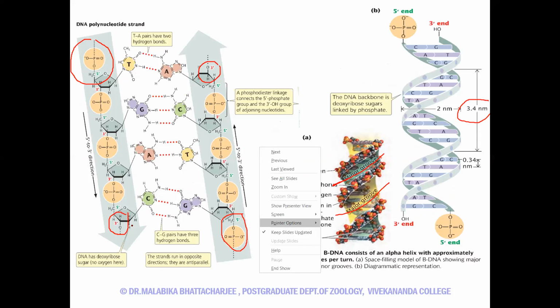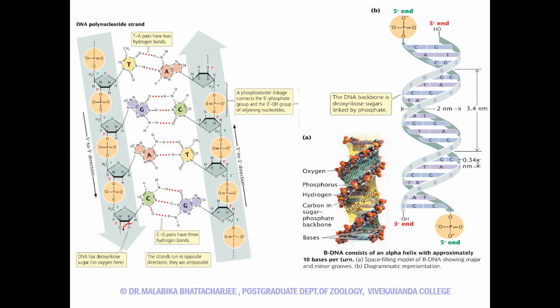If we look at the sugar in DNA, there is a 2' position. How do we understand the position of a sugar? This is the functional group O. Then 1, 2, 3, 4, 5th carbon. So this is the 2' position of DNA, and in the 2' position, as you can see, there is no oxygen.